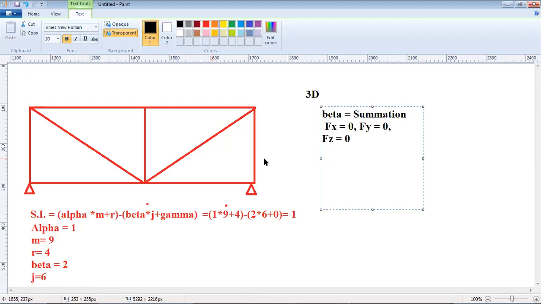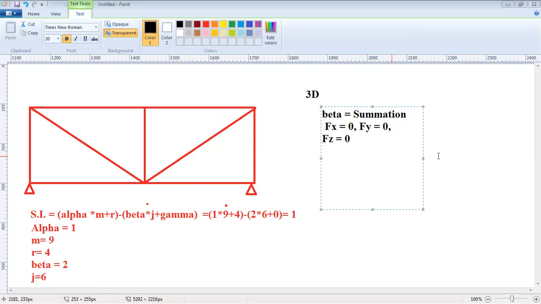In 3D, you have three directions, so there are three equilibrium equations in a 3D truss.